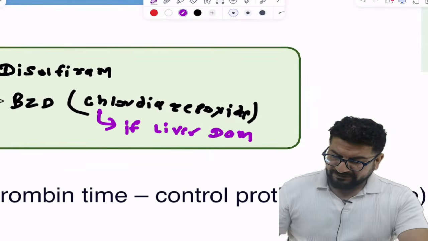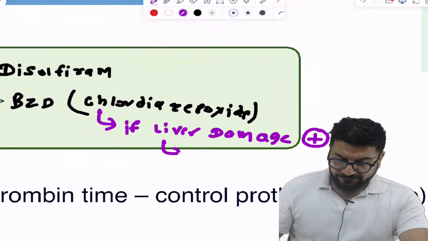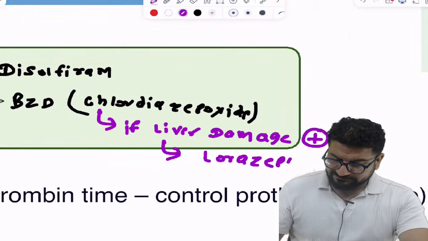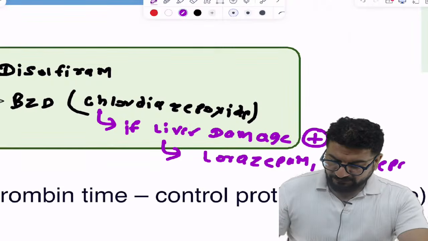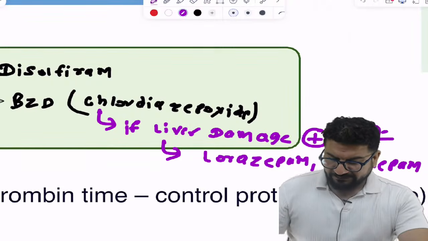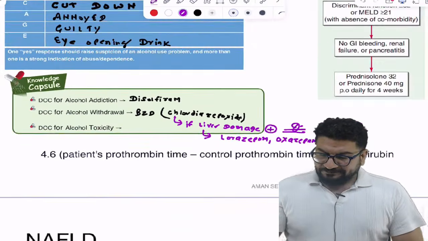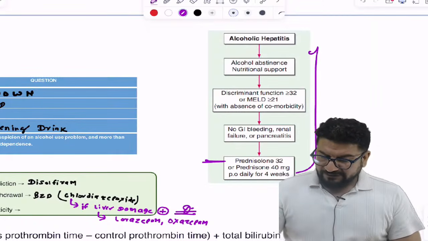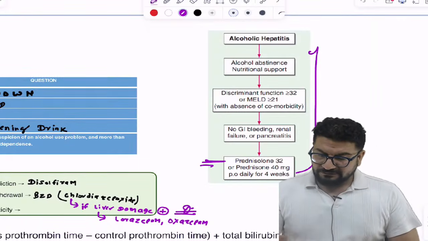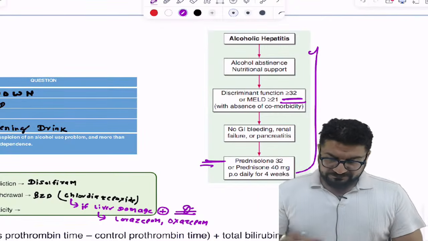If liver damage is present, in that case we use lorazepam or oxazepam. तो ये lorazepam भी exam में as a clinical case आया हुआ है. This came as a question like patients having liver damage. Okay, now understand this thing. This is about your Maddrey's discriminant factor. अगर Maddrey's की value 32 से ज़्यादा है, Maddrey's discriminant function, then what we give? Prednisolone.